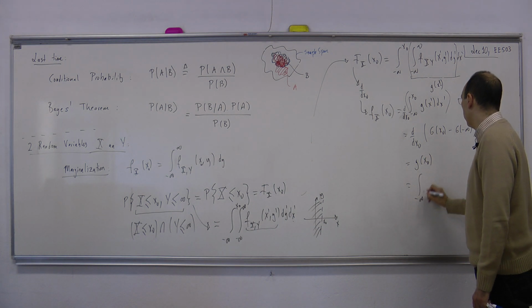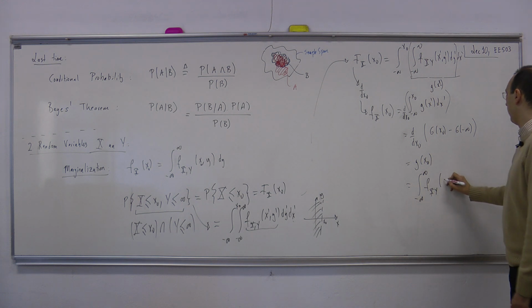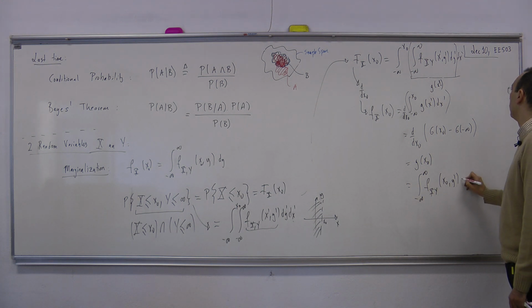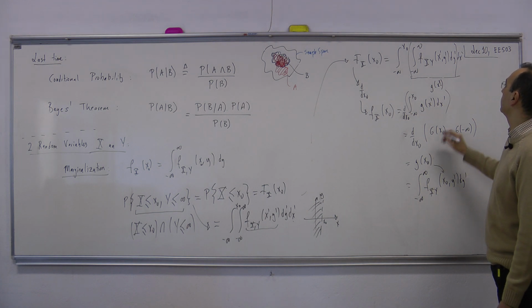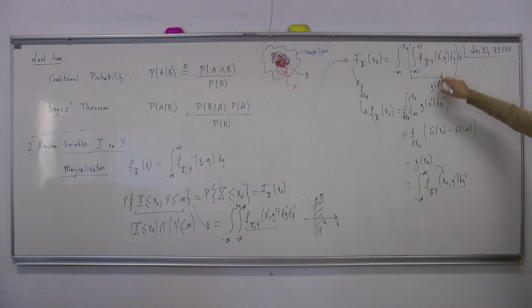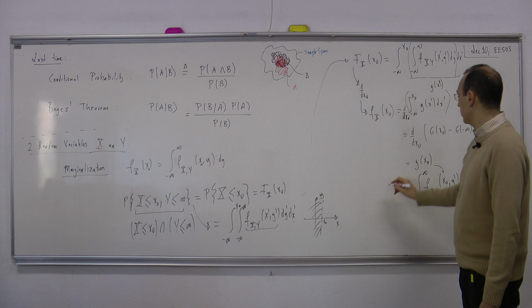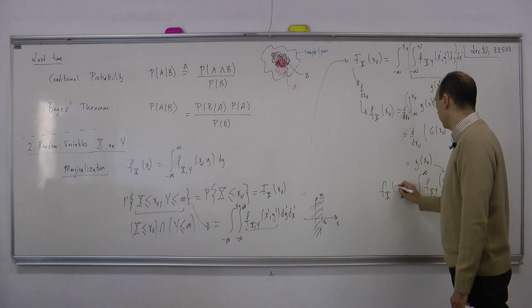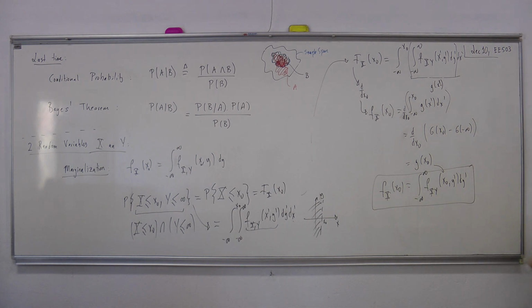So this is the integral from minus infinity to infinity of f(x naught, y prime) dy prime. As you see, I need to put x naught instead of x prime. So what was this? This is equal to this. And this is the marginalization property. That is it.